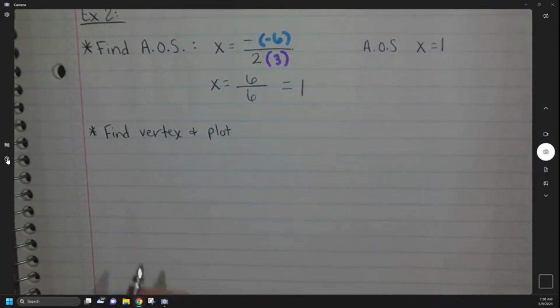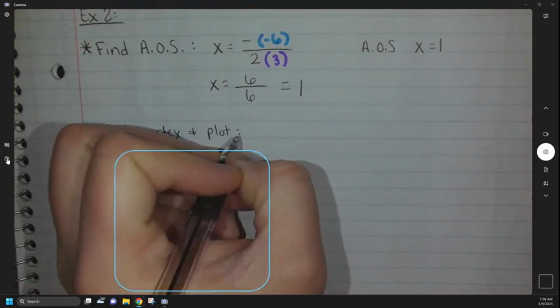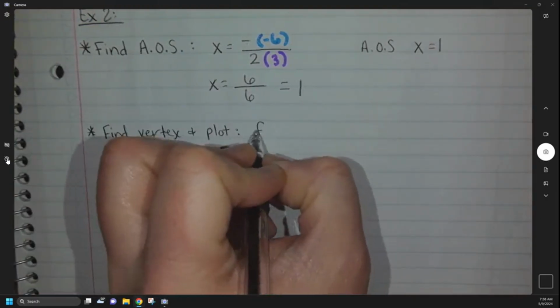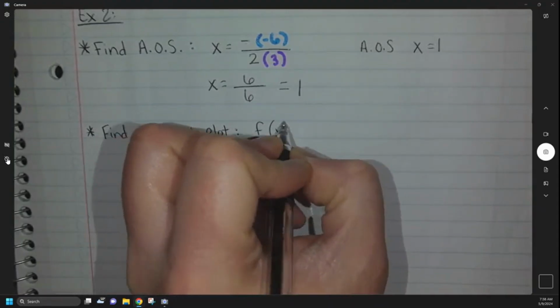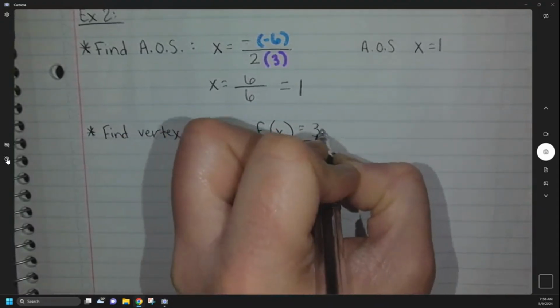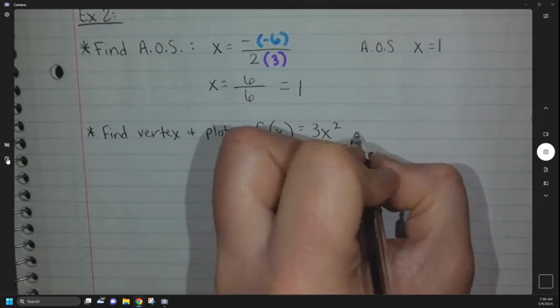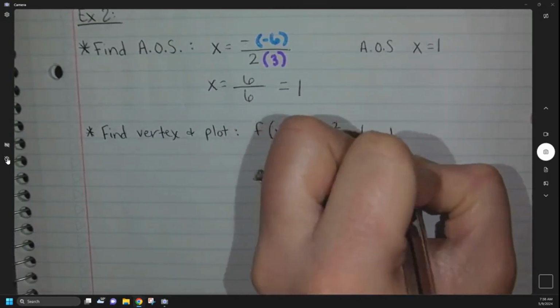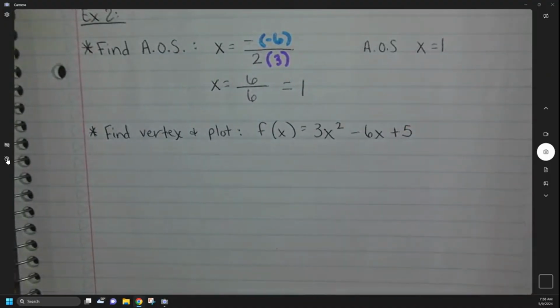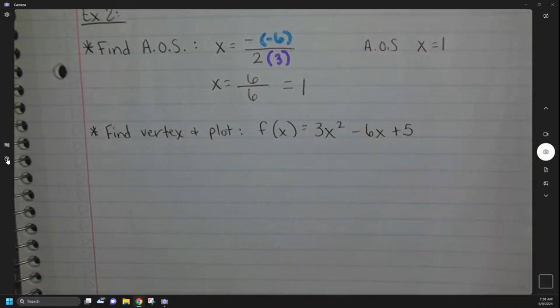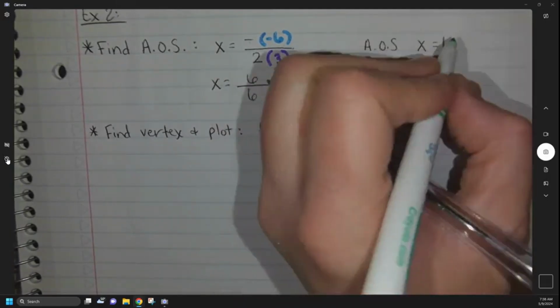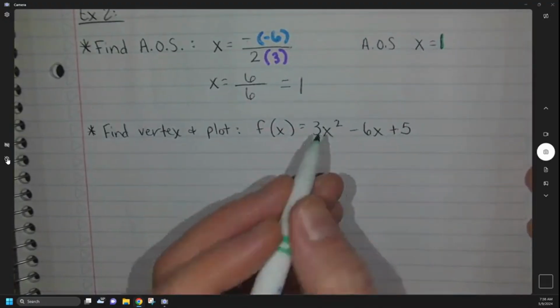Let's plug that into our function. We had f of x equals 3x squared minus 6x plus 5. We are taking our x value of 1 and plugging that in for x in our equation.